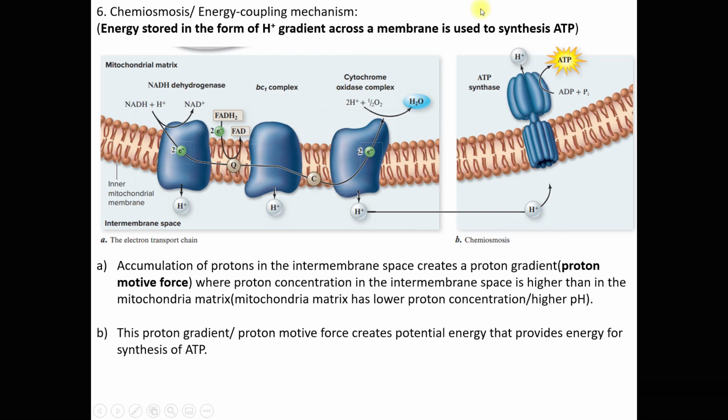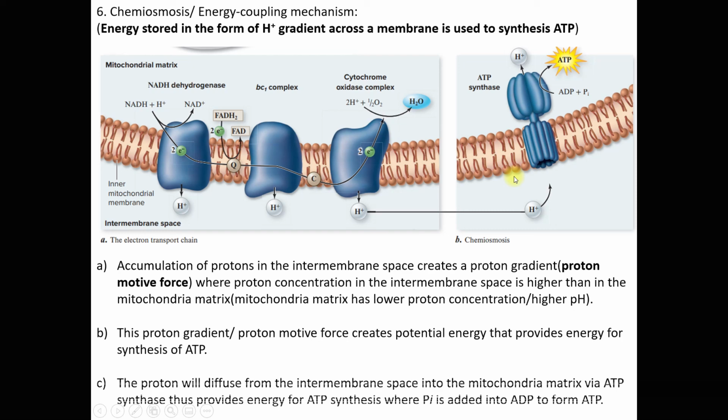So this proton gradient or proton motive force, okay, will create a potential energy that provides energy for the synthesis of ATP. So what happened? This proton, right, will diffuse from the intermembrane space of the mitochondria into the mitochondrial matrix via ATP synthase.